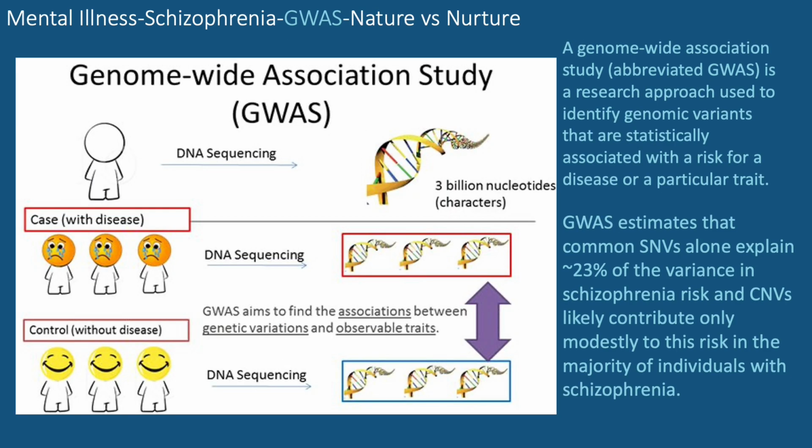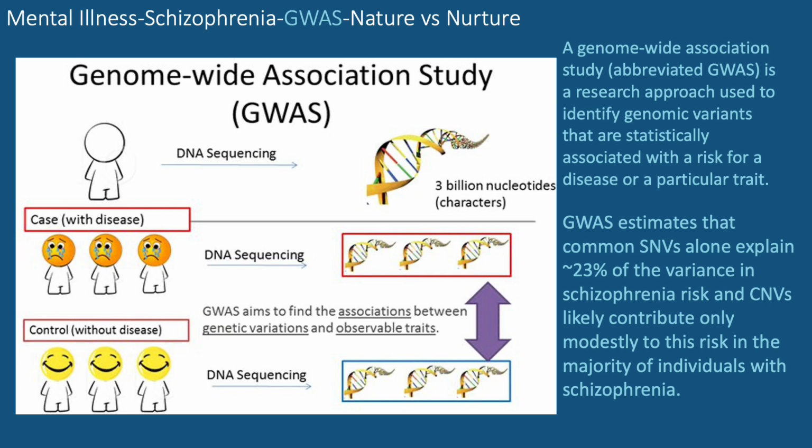In addition to twin studies, we can try to understand the contribution of nature versus nurture in the development of schizophrenia by using genome-wide association studies, or GWAS.